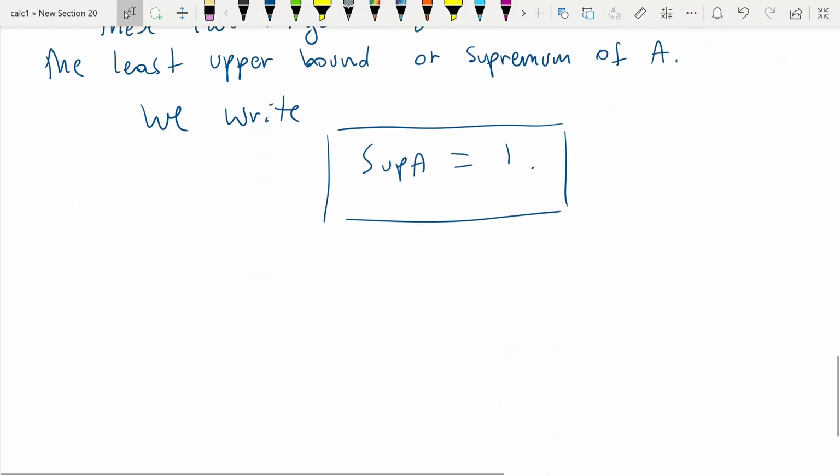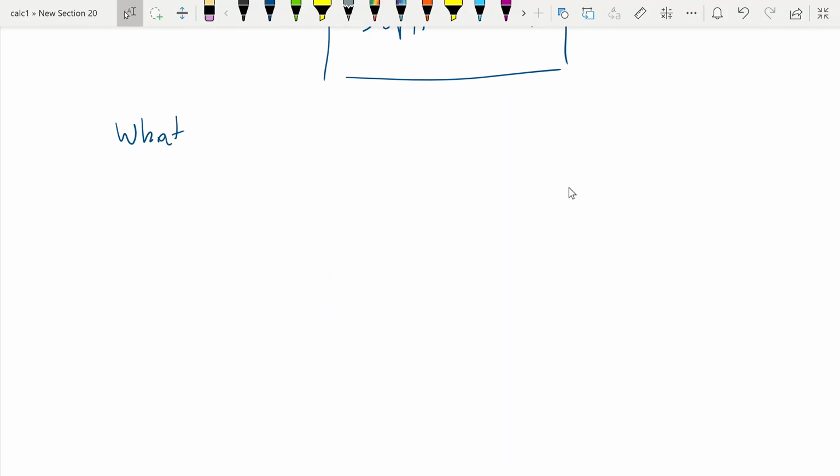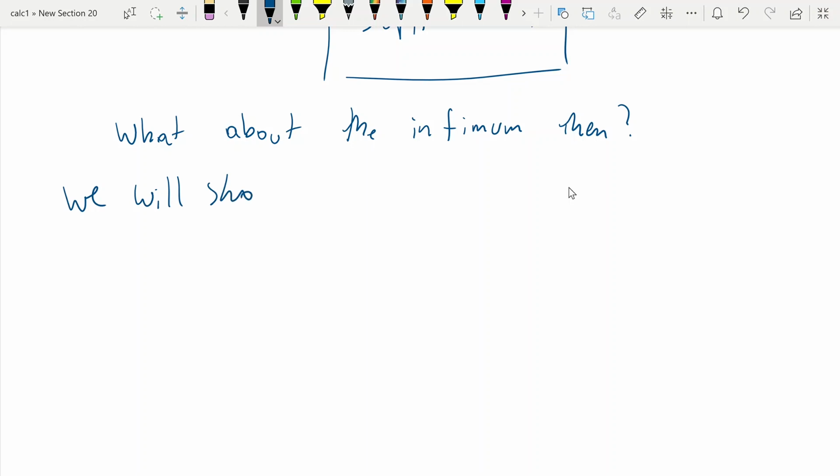So what about the infimum? We will show in a little while that the infimum of A is equal to 0.